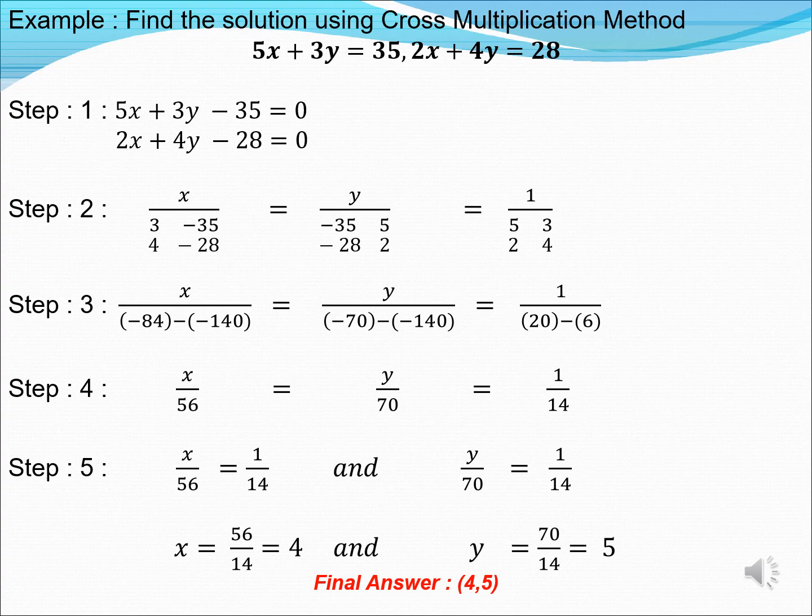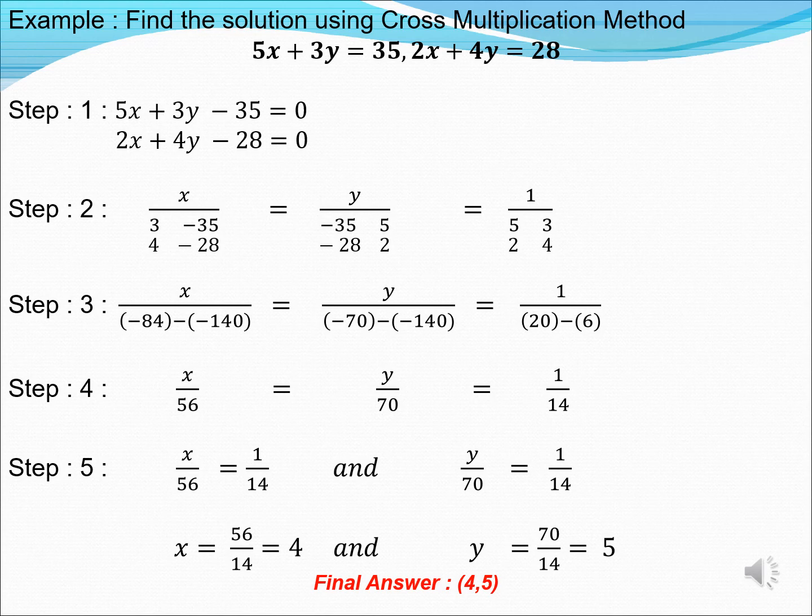Now the simplification. How to simplify? Cross multiply and put a subtraction sign in between. So below x we are doing 3 into minus 28, which gives us minus 84, and 4 into minus 35, that is minus 140. In between these two results we put a subtraction sign. So it is minus 84 minus minus 140.